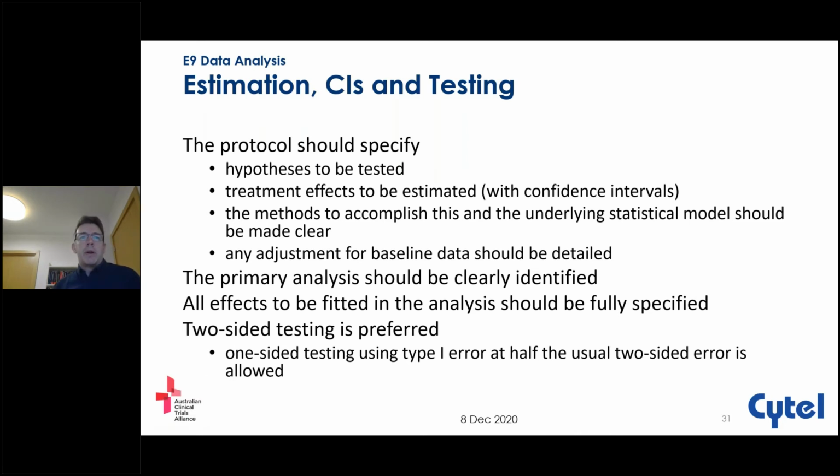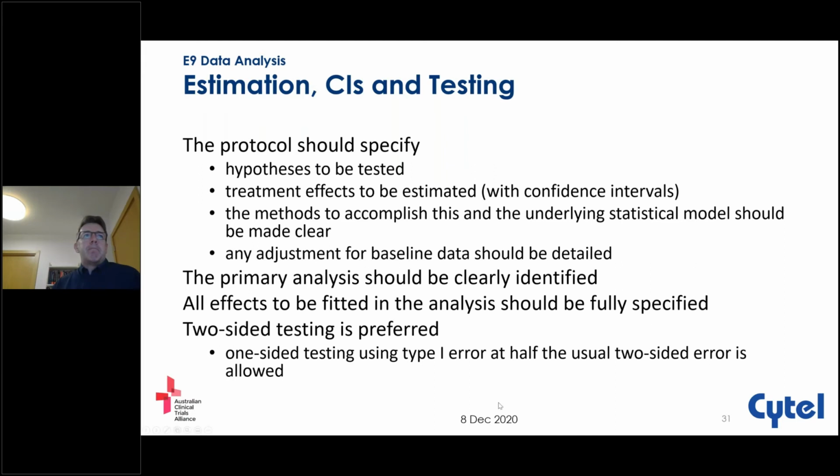Again, E9 wasn't quite enough to be able to do this, and so the revision took place. The Estimands framework does address some more of this. What was clear, though, is that in the protocol, the primary analysis should be clearly identified. In that way, you can pre-specify the primary analysis that you're going to use to address the objective in the trial.